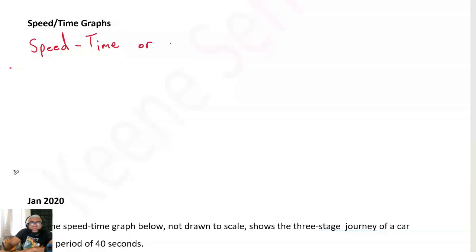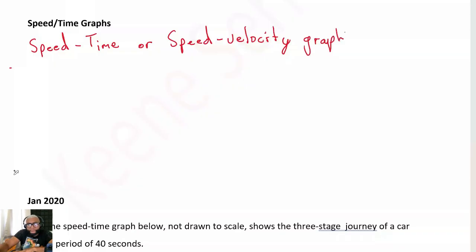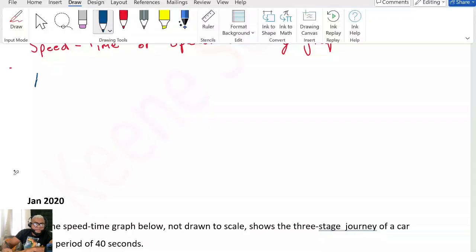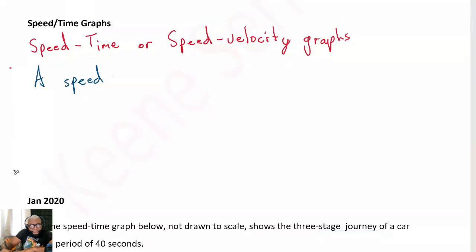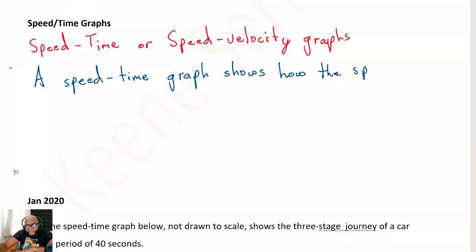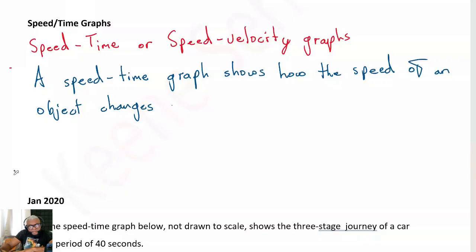So a speed time graph shows how the speed of an object changes over time. All right.